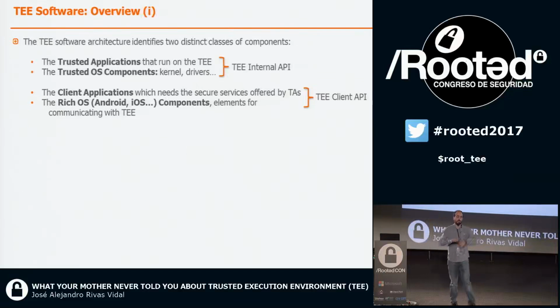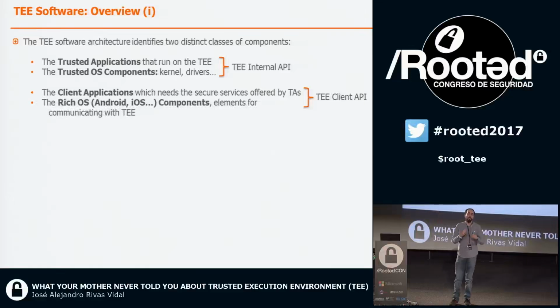And as I was saying, a TEE has hardware elements as well as a software layer. Regarding the software, on the one hand, we'll be interested in the trusted operating system. And here, we're interested in everything from the trusted applications, that are the applications executing on this operating system, as well as in the rest of the components.